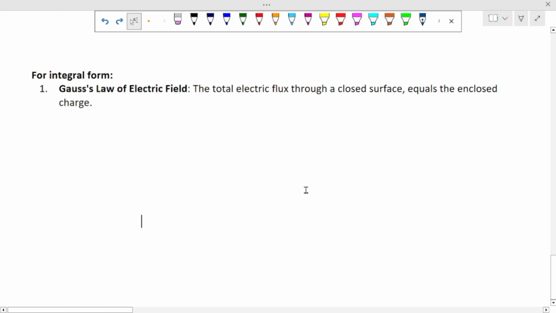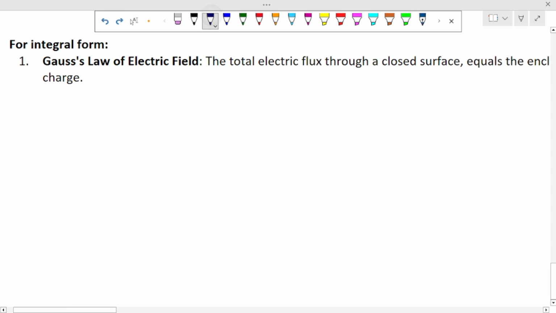Now electric flux is written as this. When we say total electric flux through a closed surface, that means it has to do with an integral.